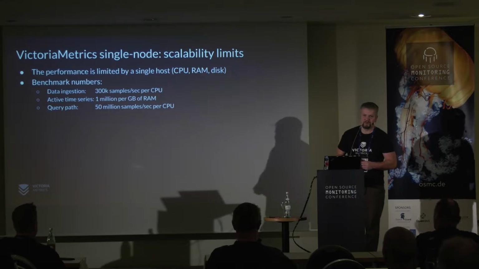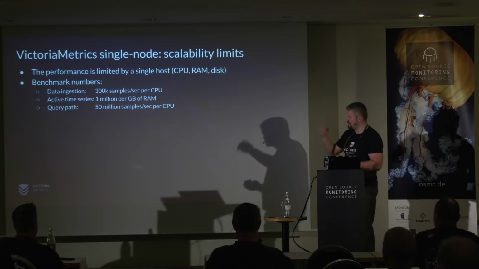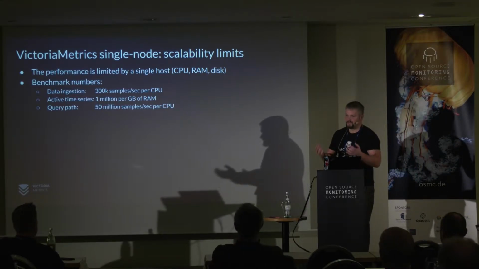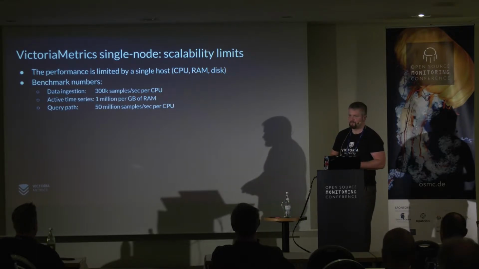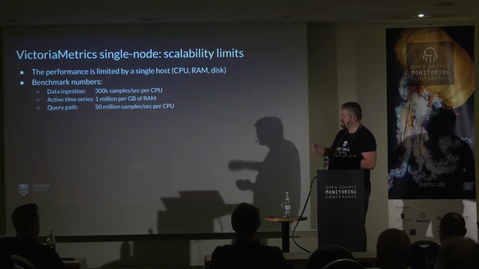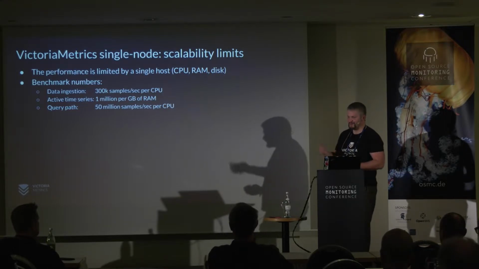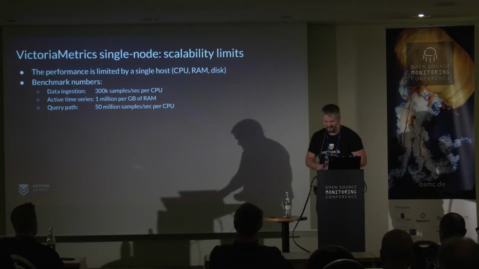According to our benchmarks, a single node version of VictoriaMetrics can scale to the following numbers. It can accept incoming data at the speed of 300,000 metrics or samples per second per CPU core. This means if you have 10 CPU cores, then the theoretical data ingestion performance of single node VictoriaMetrics will reach 3 million samples per second.